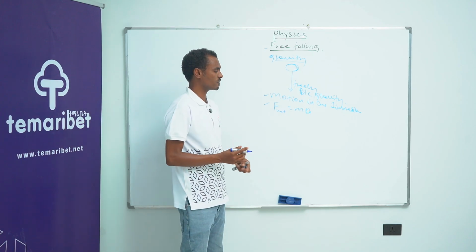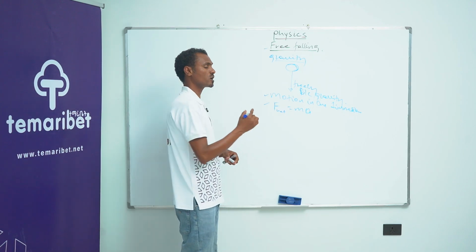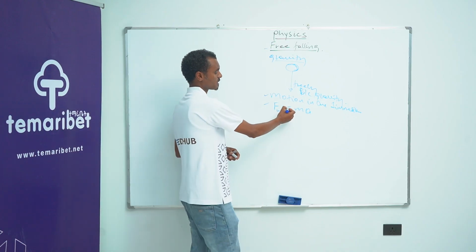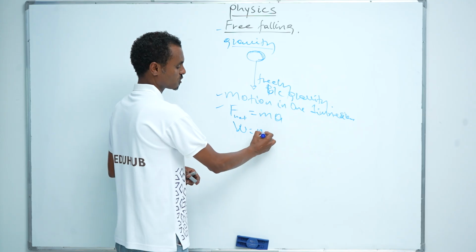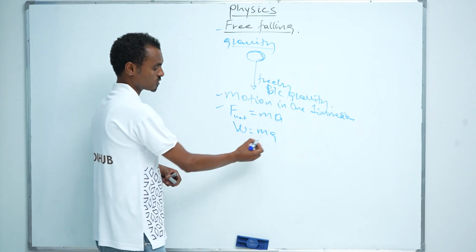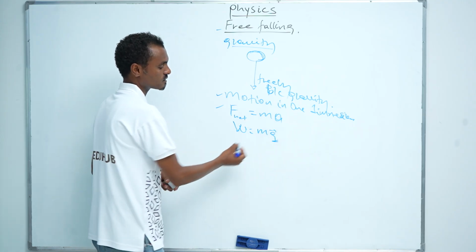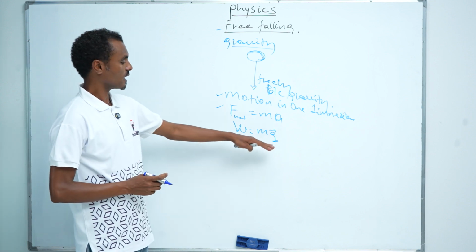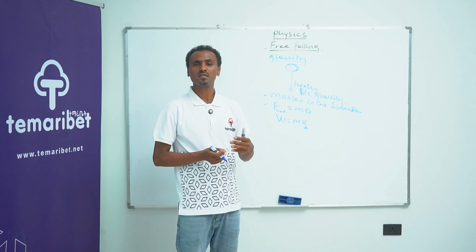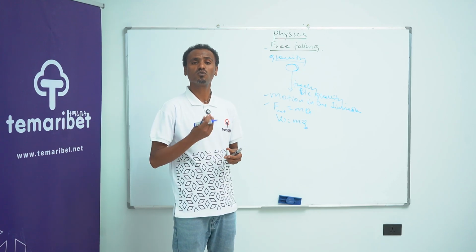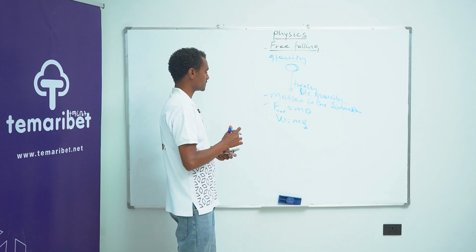But in case of an object that moves vertically downward or falls because of gravitational pull of Earth, we are treating the weight of an object, which is equal to mass times gravity, so that it is possible to take it as acceleration due to gravity. Acceleration due to gravity for free falling is our best practical example for uniformly accelerated motion.